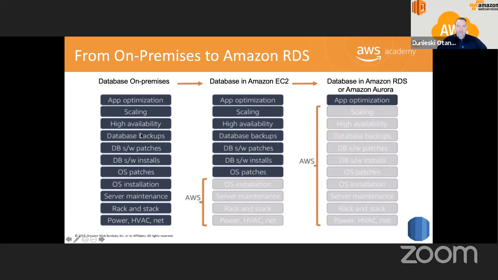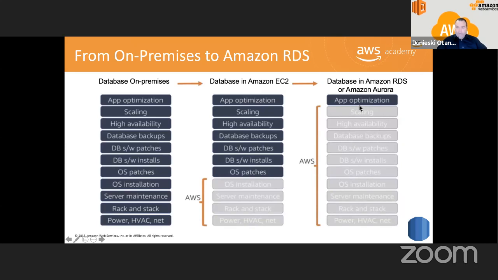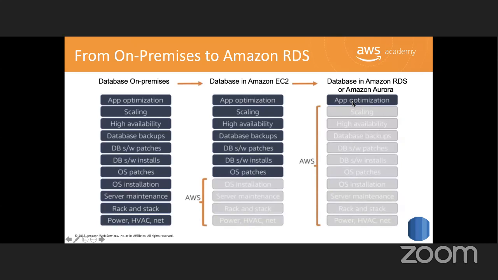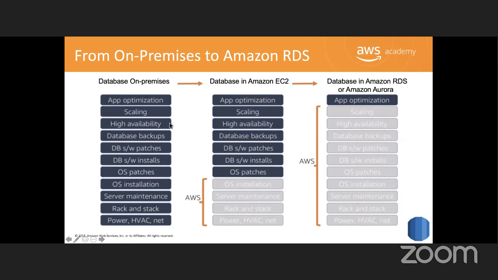So if you take a look at these three scenarios here, I don't think it would take you more than 2 seconds to decipher this one, because it's less work for you, much less work for you. And I'm sure you're going to be saving more money than if you're here.